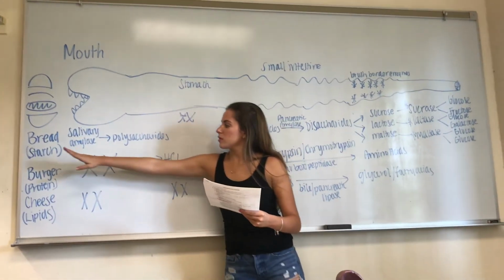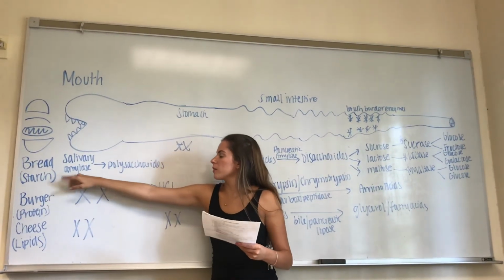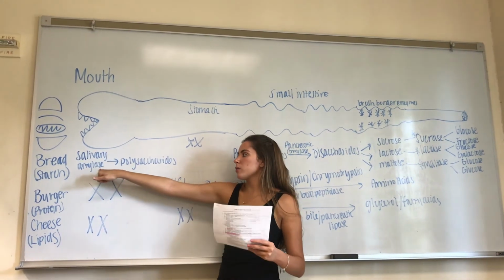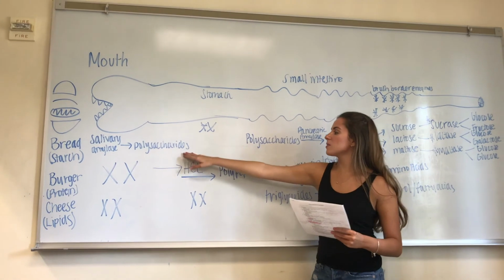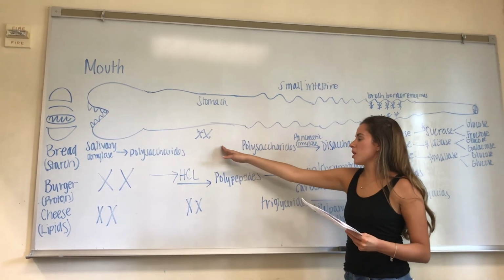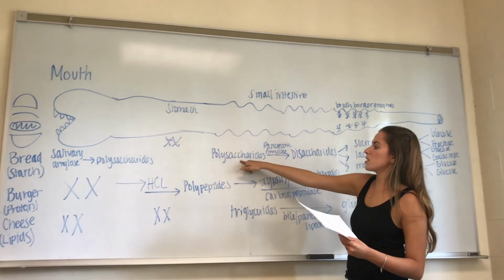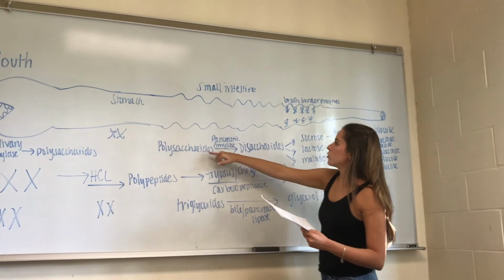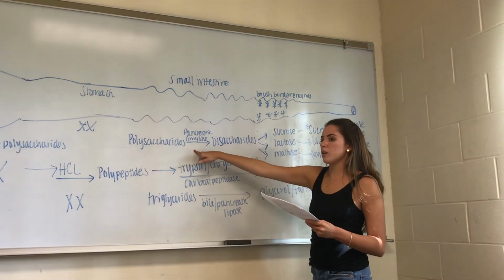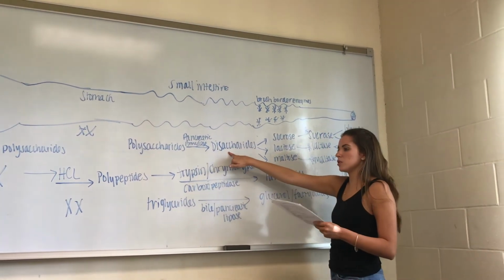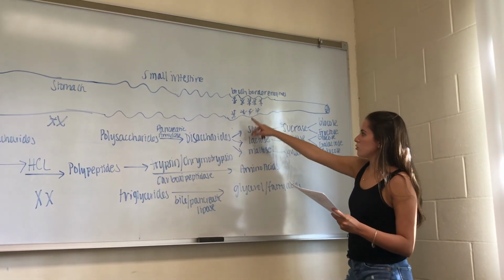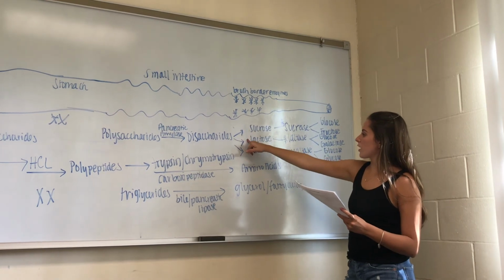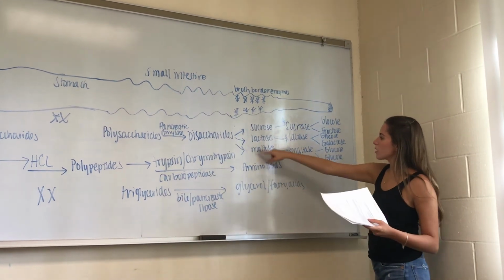So carbohydrate digestion starts in the mouth. It moves through the mouth with salivary amylase and turns into polysaccharides. Nothing happens in the stomach, it goes straight to the small intestine, moves through with pancreatic amylase and turns into disaccharides, which are sucrose, lactose, and maltose.